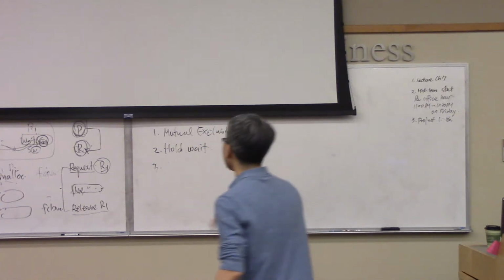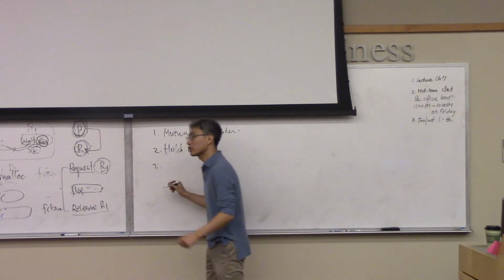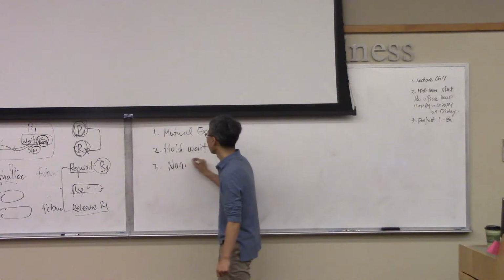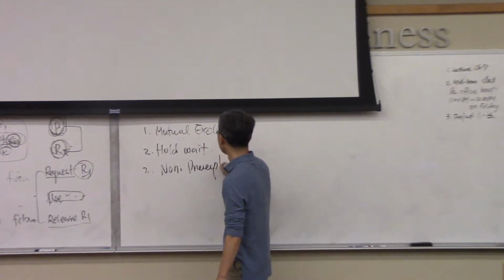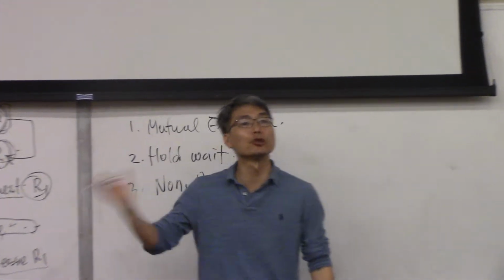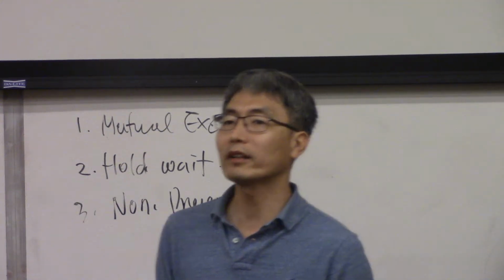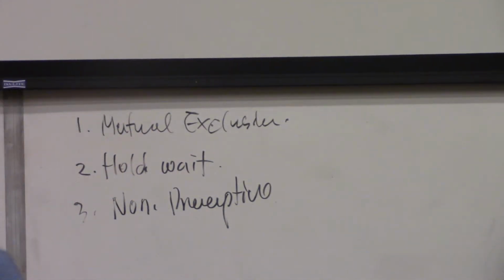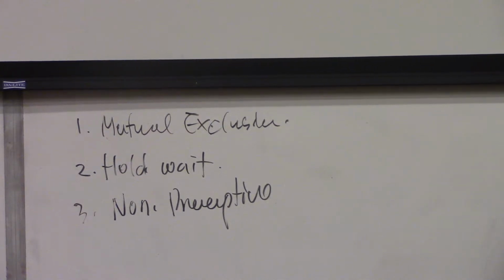To define such a situation is non-preemptive, which means it will not be resumed later. For example, what is an example of such non-preemptive? Many of the resources are non-preemptive, okay?